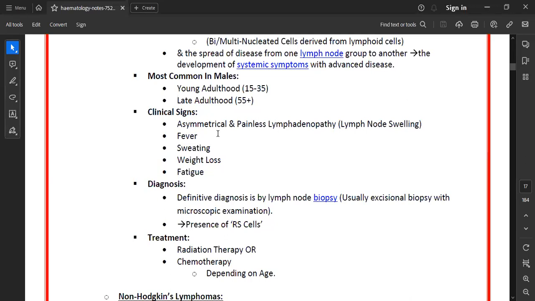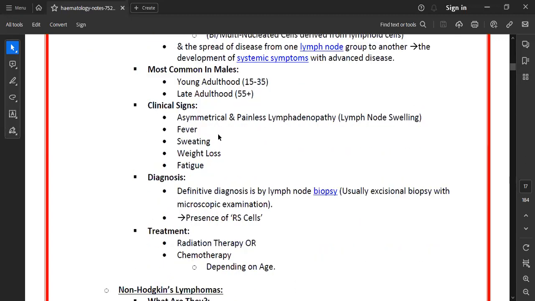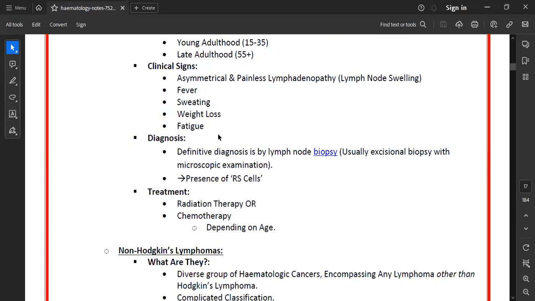If you see the presence of the Reed-Sternberg cells, it means it's Hodgkin's lymphoma. Treatment, I won't really talk so much about this. It's radiation or chemotherapy, the various ones that we discussed in lymphoma.